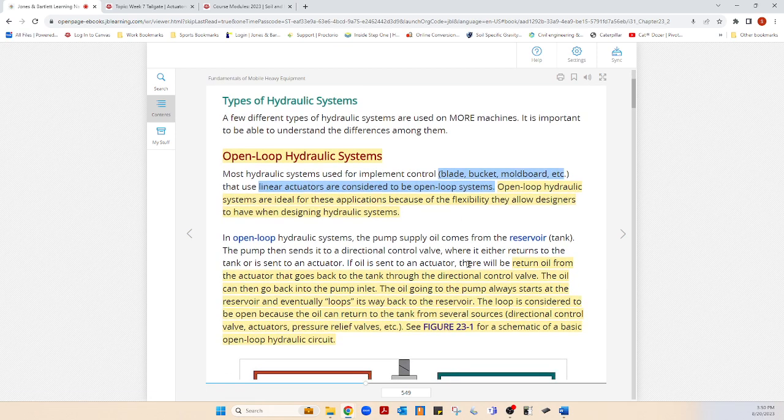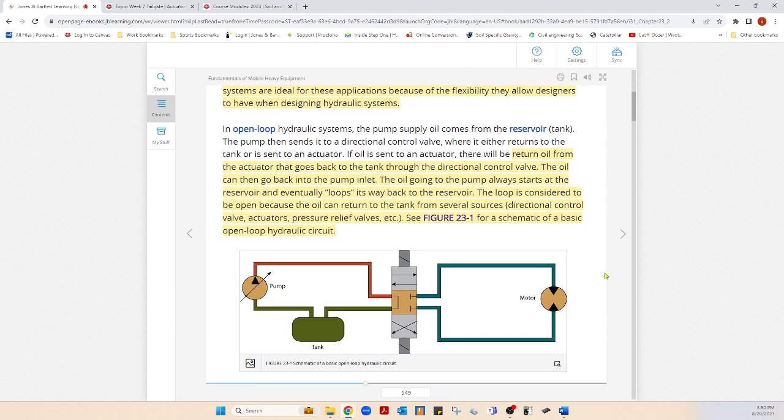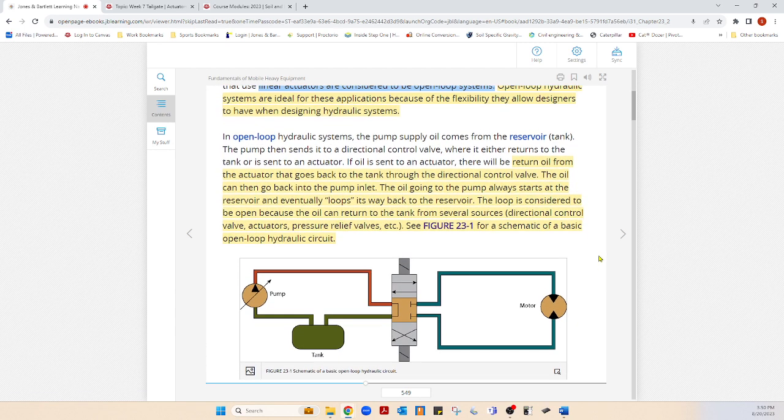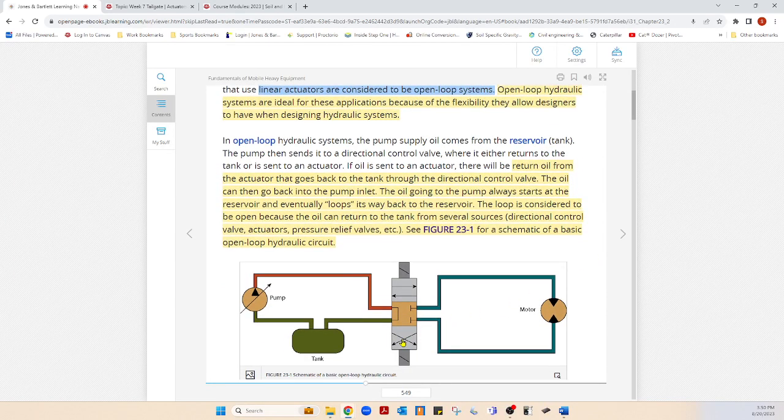In an open loop system, we do have a directional control valve.